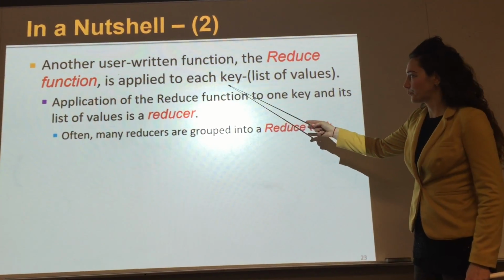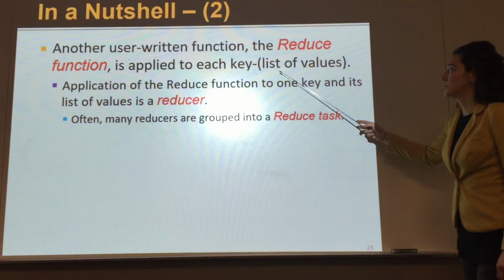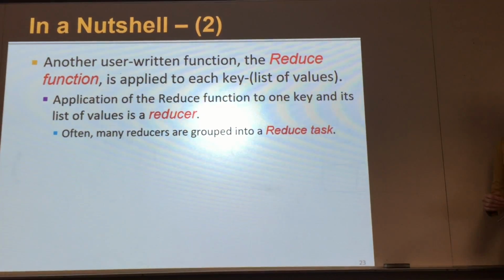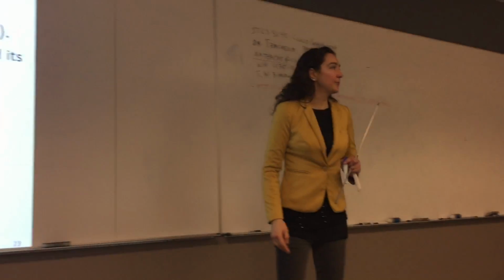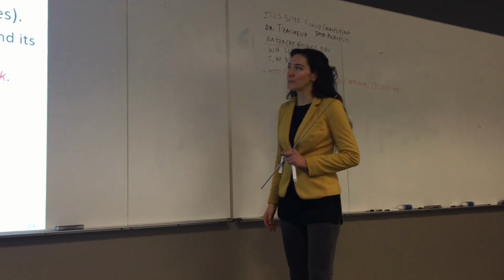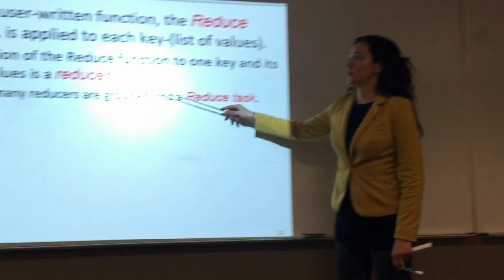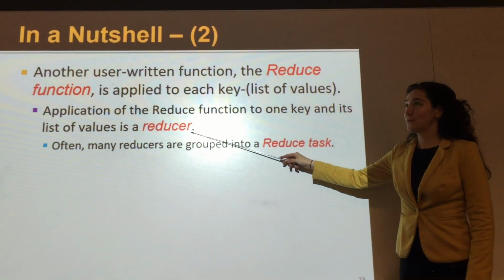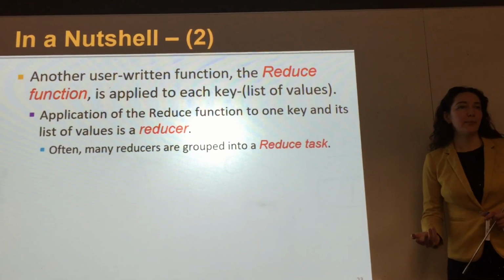Let's say it's gonna sort all the words of the same type together and count. And so it's gonna give the final result to the user. So one reducer can take output from multiple mappers.